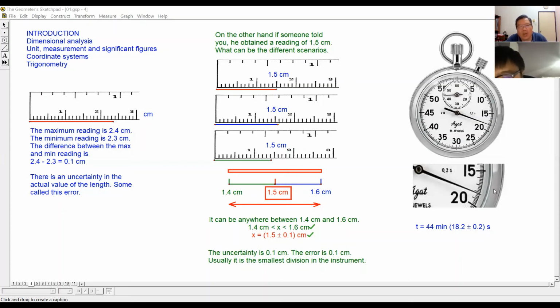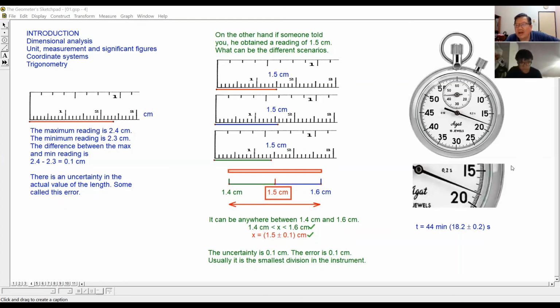So one division is 1 second, divided into 5 smaller parts. 1 divided by 5 is 0.2. So each of these small divisions is 0.2. Is that okay?